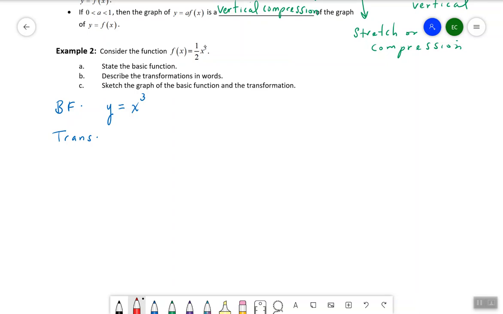It's outside the basic function, right? Because the cubing happens before the multiplication by 1/2. So it's outside, so it's vertical. And since the factor is less than 1, it would be a compression.